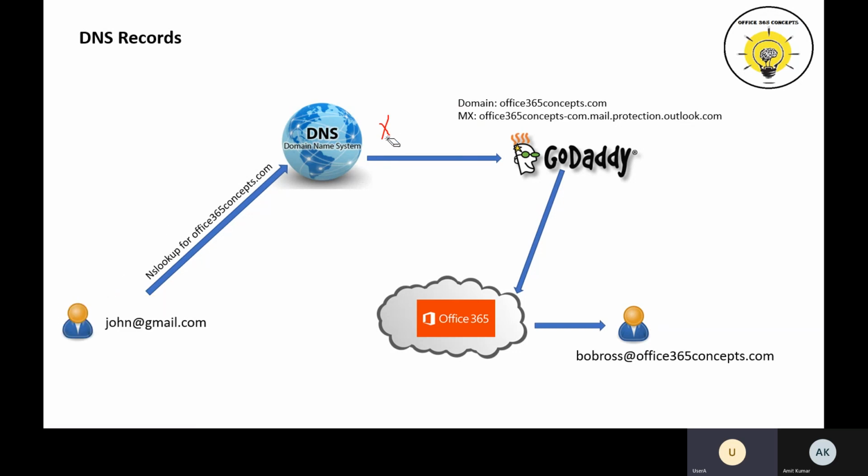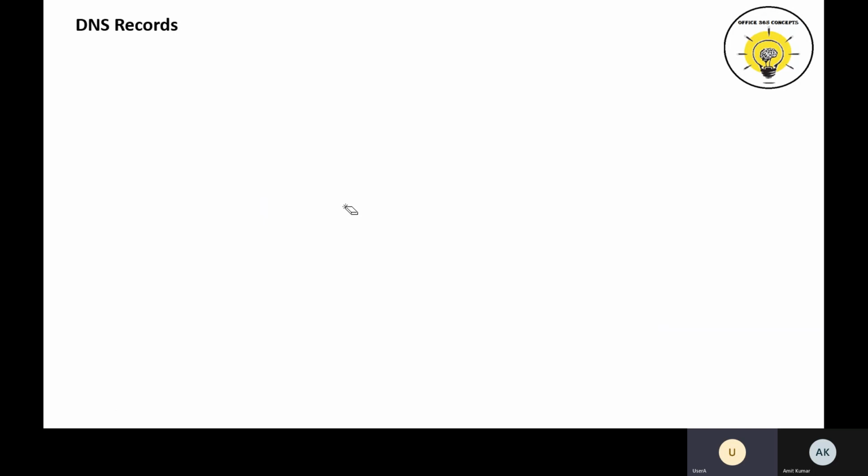Now, the next record that we will be talking about is CNAME record. CNAME record is basically used for Autodiscover service. When you are configuring your Outlook, when you are using your mailbox and Outlook client, that time Autodiscover service tries to find your mailbox. So CNAME record is published for Autodiscover service. The value of CNAME record in Office 365 case is always autodiscover.outlook.com, right?